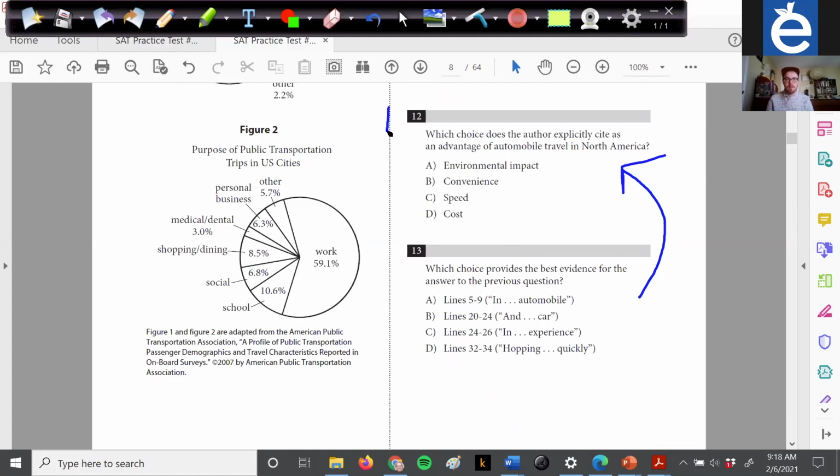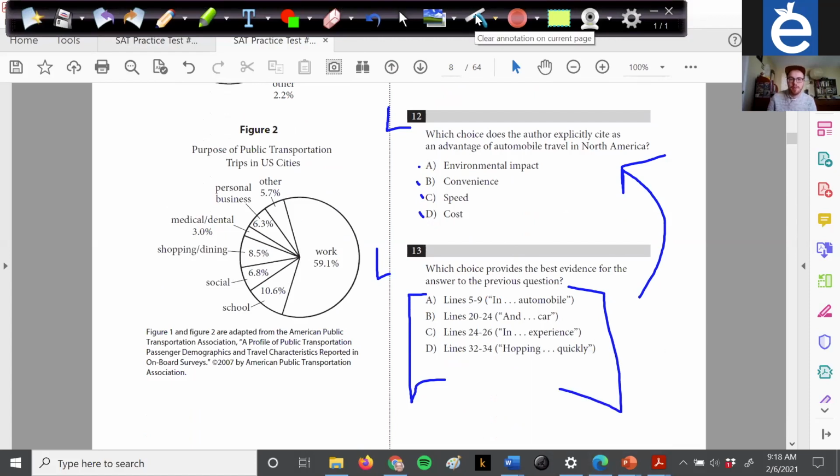This is an even better line question than the line question we just had. Because whatever the answer is here, the evidence for that answer is going to be somewhere in these excerpts. Hopefully you've all familiarized yourselves with the strategy that we use for these, but of course we'll be going over it together today.